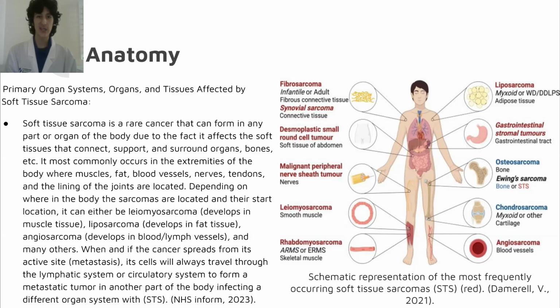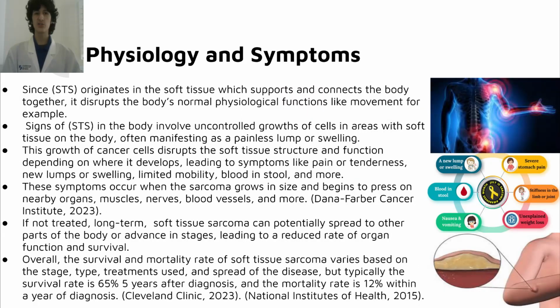When and if the cancer spreads from its active site, called metastasis, its cells will always travel through the lymphatic system or circulatory system to form a metastatic tumor in another part of the body, infecting a different organ system with STS. Now, we'll take a look at the physiology and symptoms of soft tissue sarcoma.